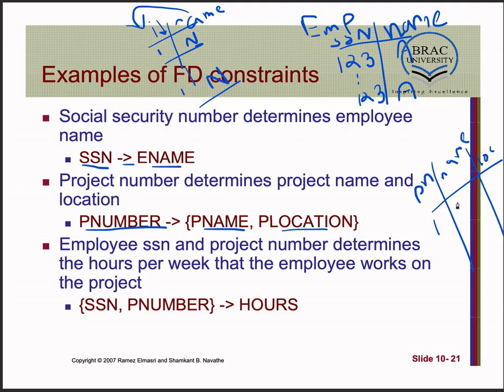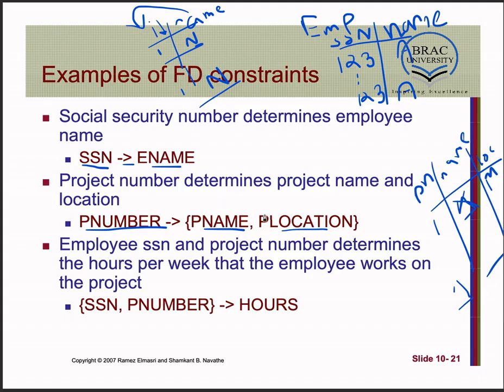So it should be, let's say, project X, and the location is, let's say, Mohakali. So if I repeat the project number again here, let's say the project number 1 is repeated, then the name should definitely be X, because project number 1, if it has value X and Mohakali here, it cannot have a different name and location in this same place.